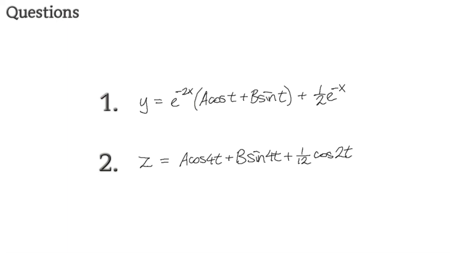The second one is a bit more interesting, with the particular integral being a trigonometric function, and you would have to do some differentiation to a negative cos and negative sine. Then you have to cancel out things, and you end up with plus a twelfth cos 2t.